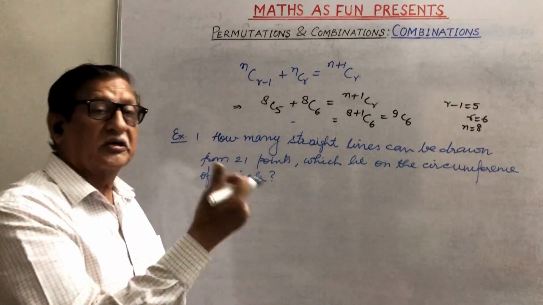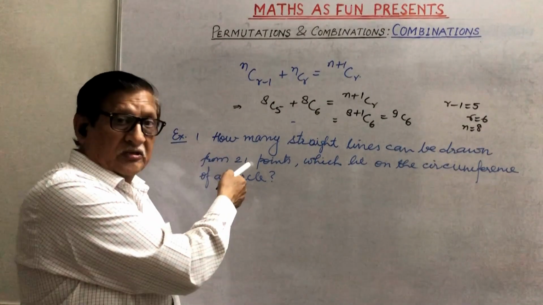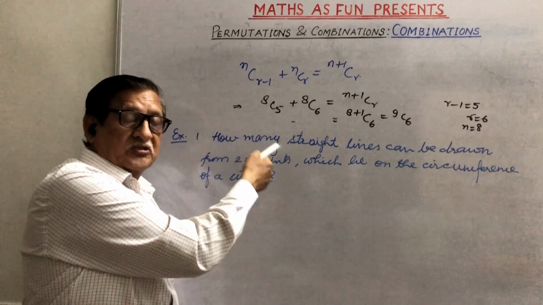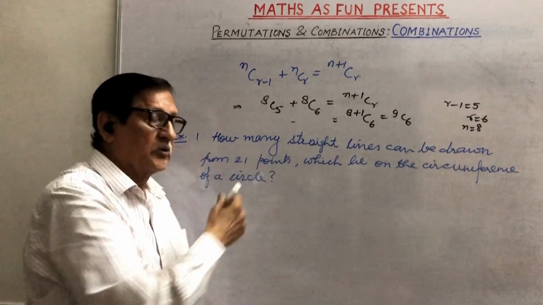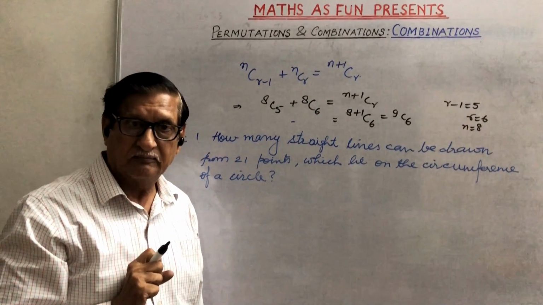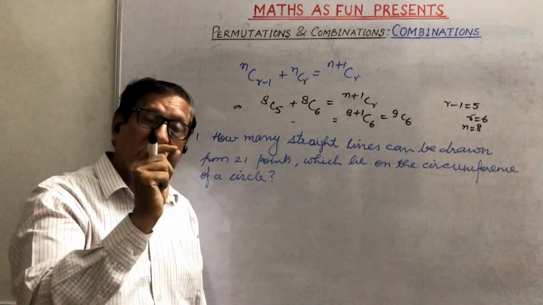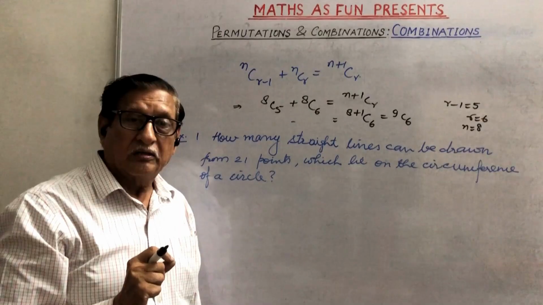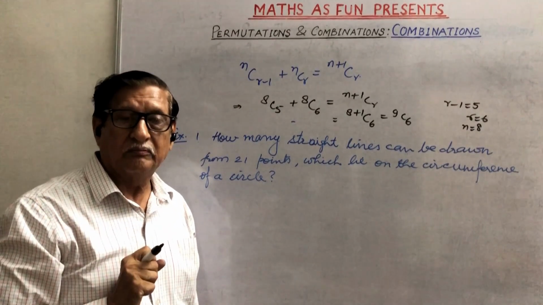Now let's take some of the examples based on combinations. First one here is, how many straight lines can be formed from the 21 points which lie on the circumference of a circle. When we have the points on the circumference of a circle, we can very well see that no points are collinear of them.